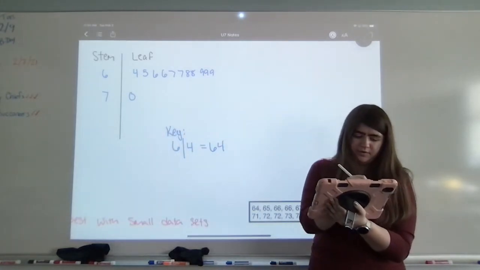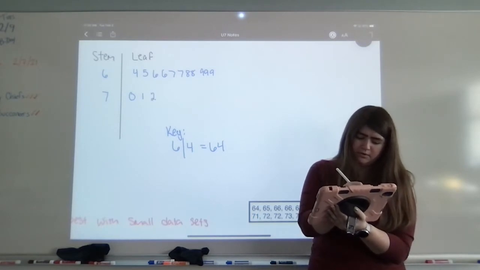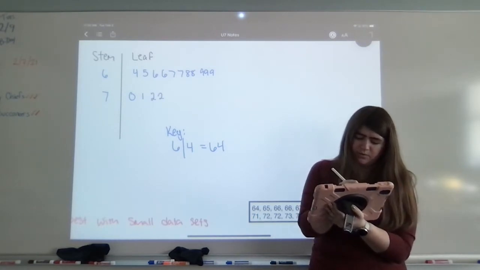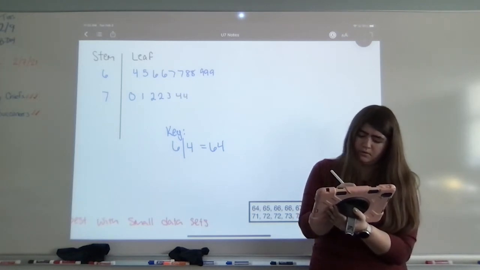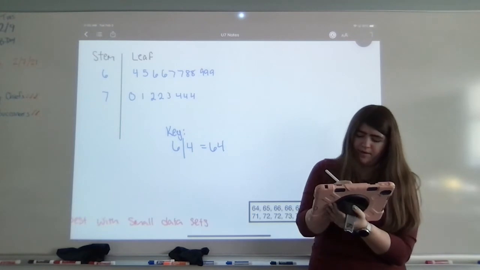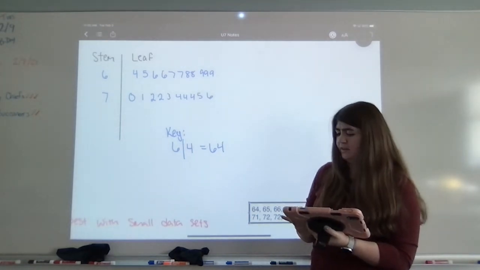Then I have 71, I have 72 twice, so there's 2 of those, 73, 74 3 times, and 75, and 76. And that is my stem and leaf plot.